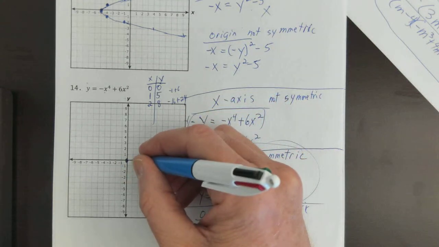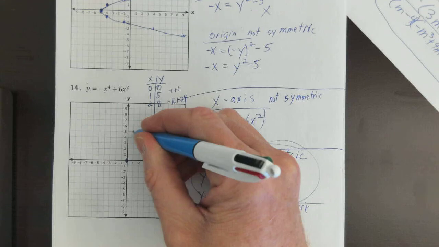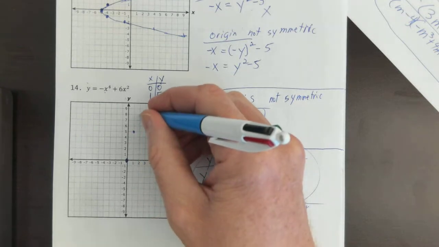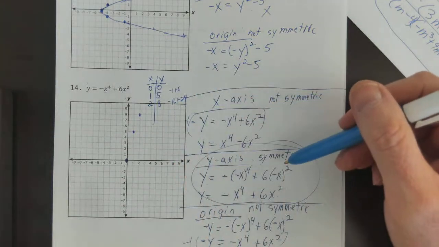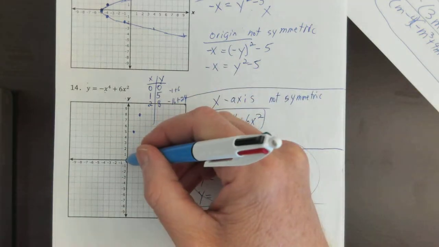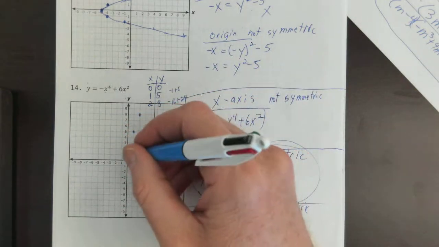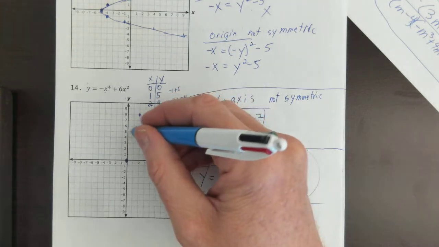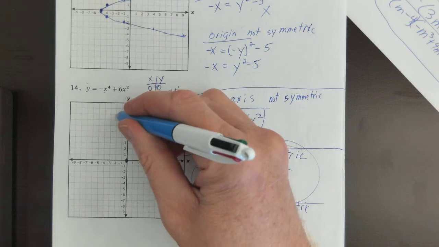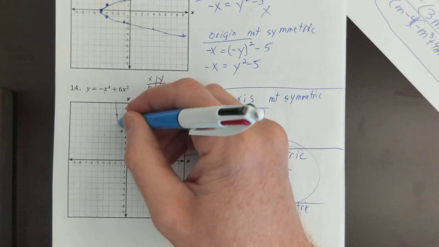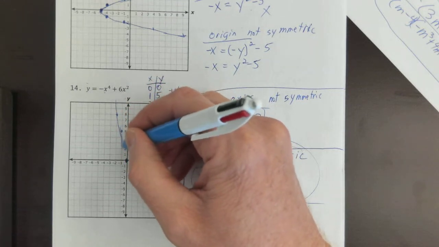So let's put the 1, 5 here and the 2, 8 here. We said it was symmetric with respect to the y-axis, so here's the y-axis. Let me put this point here, and draw this curve.